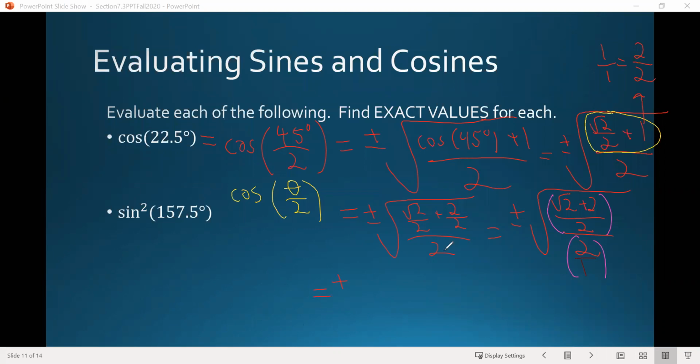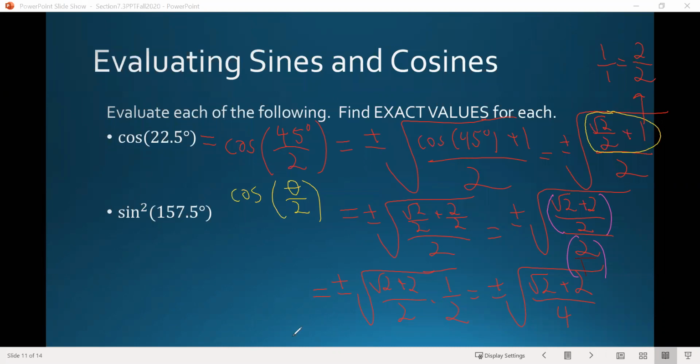So this would become plus or minus square root of root 2 plus 2 over 2 times, instead of 1 over 2 to be 1/2, which then gives us plus or minus square root of, multiply across, we'll have root 2 plus 2 on the top, and we multiply that by 1, and a 4 on the denominator. And we can actually go ahead and leave our answer like that. We don't need to simplify anymore. And I know this might feel uncomfortable because we have a root within a root, but that is legal mathematically, so we don't need to do much more there.